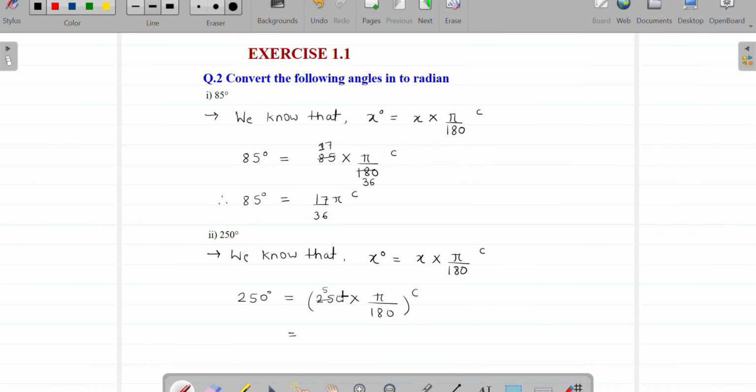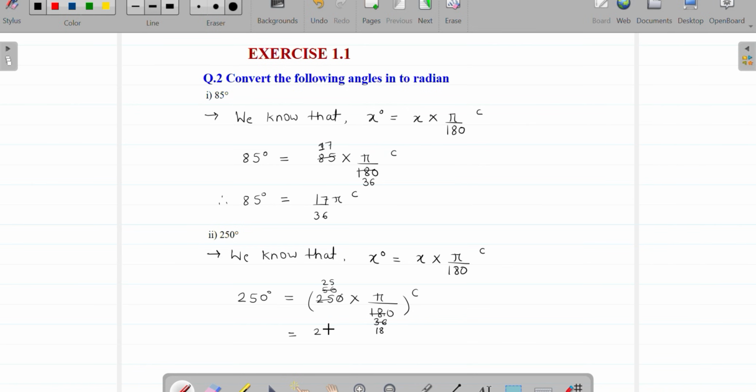5 5s are 25, 5 0 0, 5 3s are 15, carry 3, 5 6 are 30. Again 2 1s are 2, 2 8s are 16, and here 25.